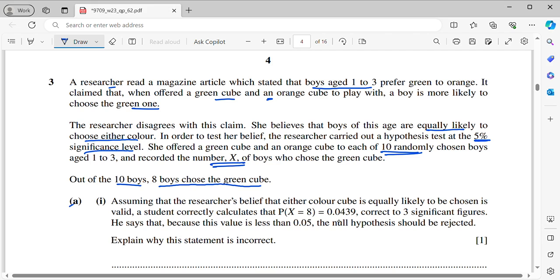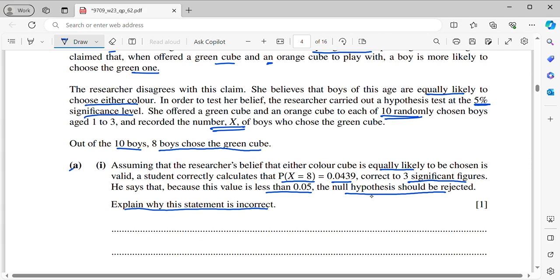Now, part A: assuming that the researcher's belief that either color cube is equally likely to be chosen is valid, a student correctly calculates the probability of X equals 8, which is 0.0439, correct to 3 significant figures. He says that because this value is less than 0.05, the null hypothesis should be rejected. Now, explain why this statement is incorrect.